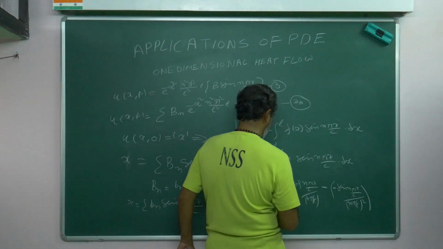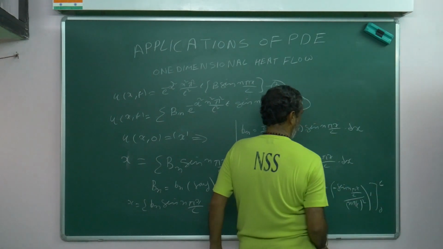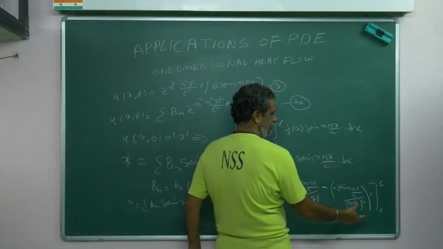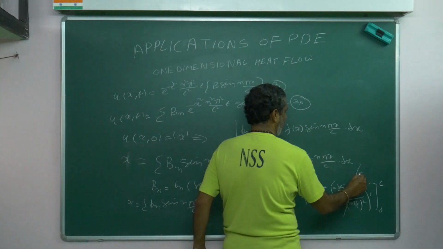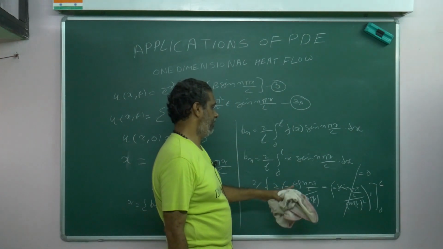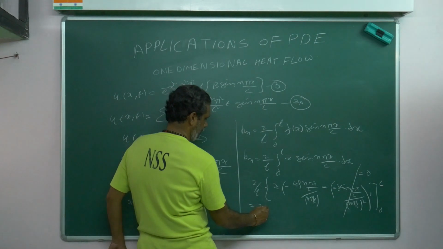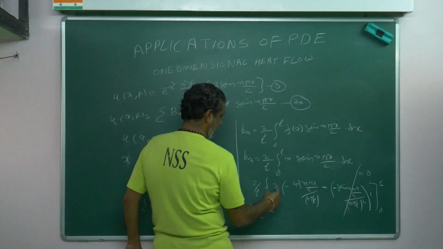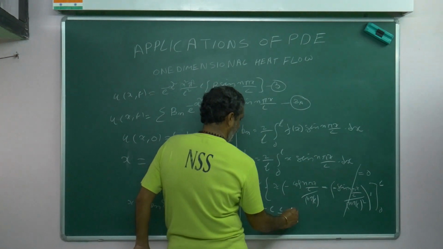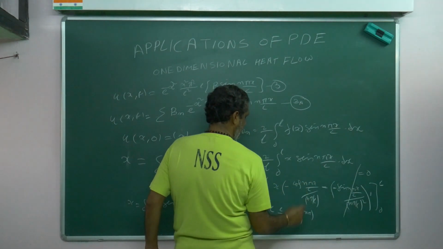Then what you do not integrate, you differentiate, that is 1. Now the limits are 0 to L. If I apply L, sin n pi is zero and sin 0 is zero, so that whole term is 0. Now the lower limit vanishes, only the upper limit stands. So if you apply the upper limit, you get 2 by L, x is L, this is again L by n pi minus cos n pi. Here L and L cancel.